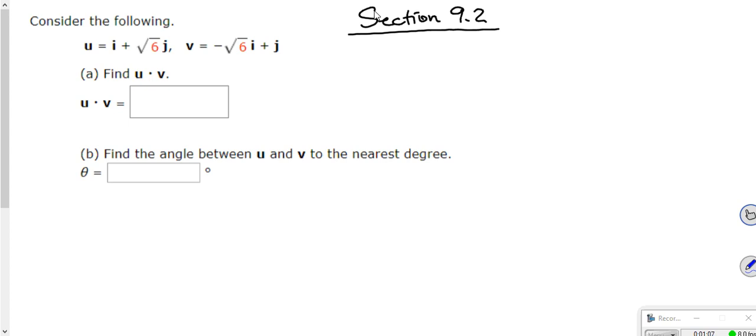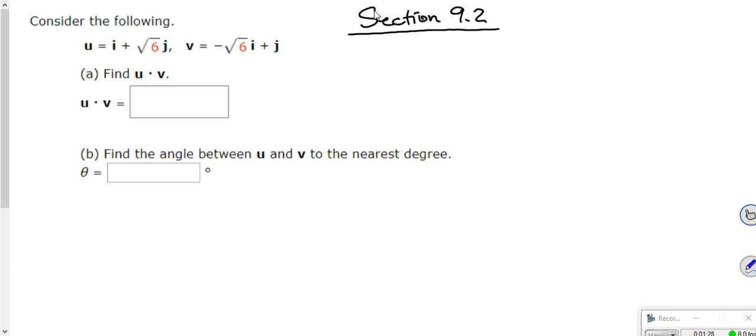If we are taking dot products, again, I recommend that you look through the PowerPoint that's in the class drive folder for this. With dot products, you're essentially multiplying the I components and then adding that to the product of the J components.